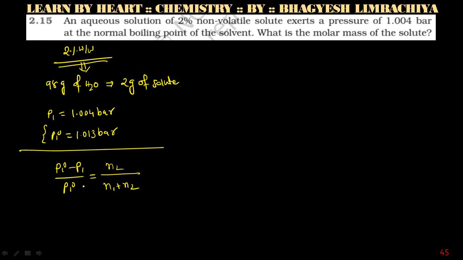So P1⁰ is 1.013 minus 1.004 divided by 1.013.